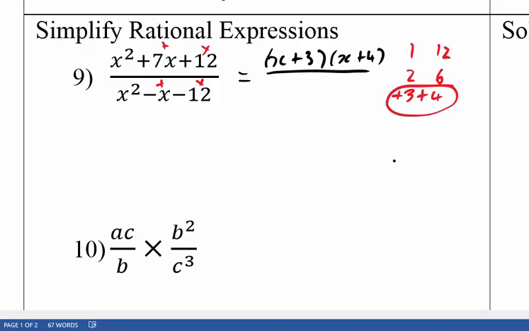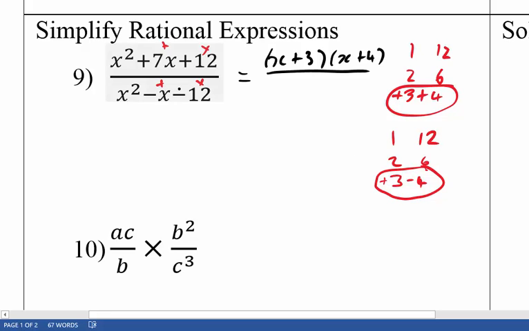The ones that times to -12 are 1 and 12, 2 and 6, and 3 and 4. Which of those adds to -1? Again, it's going to be these ones, but the signs are going to have to be different. In this case, it will be -4 and +3. Those are the only ones that will add to -1 out of all those combinations there.